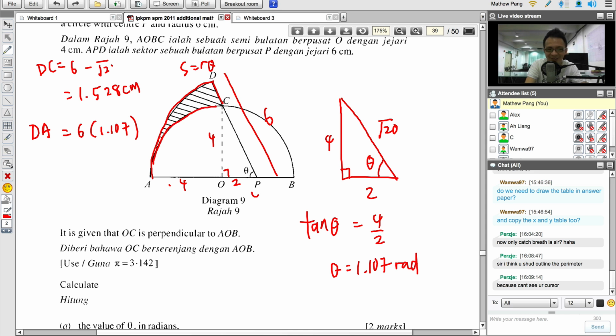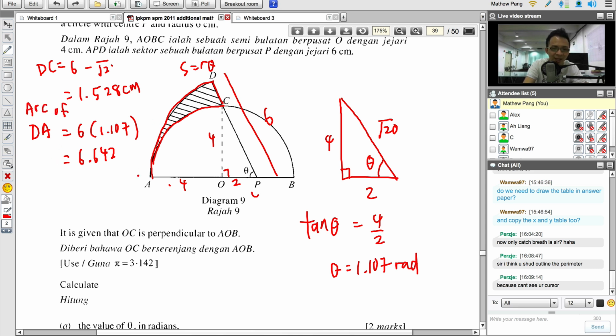Okay, this is what you want to find. Now I find arc DA. So I just use 6 multiplied by 1.107, so the length of this one is 6.642. I think you should write arc DA, it will be more accurate, because DA normally means a straight line.